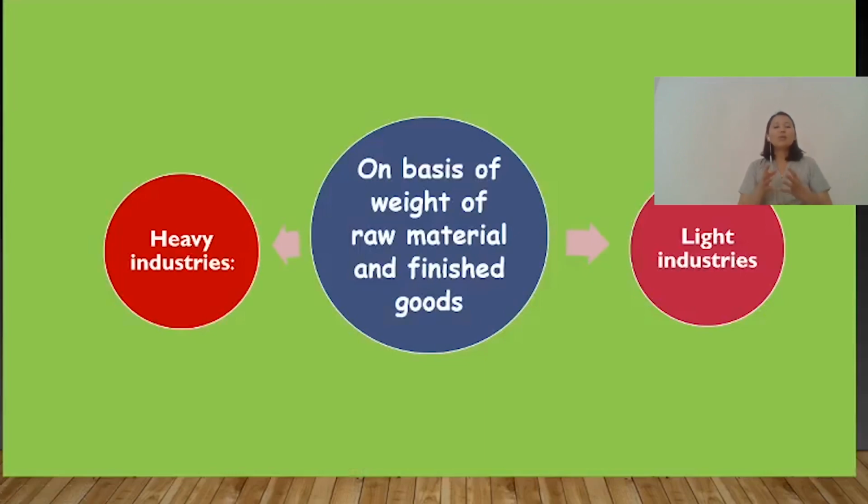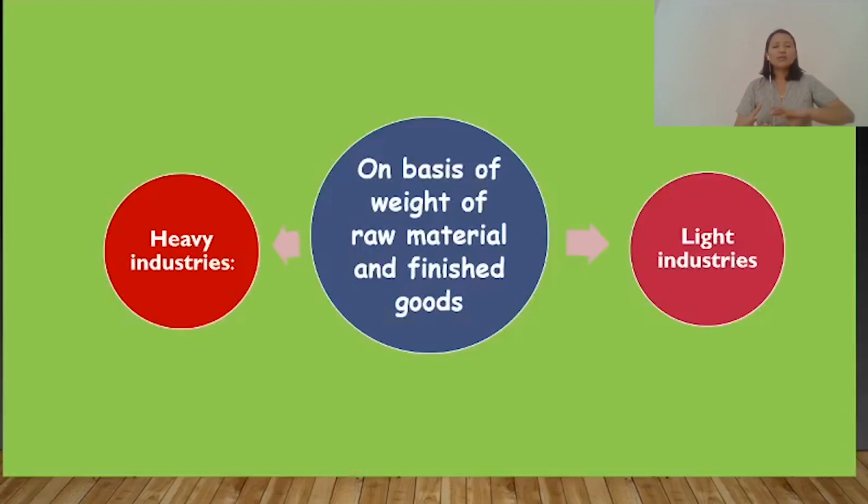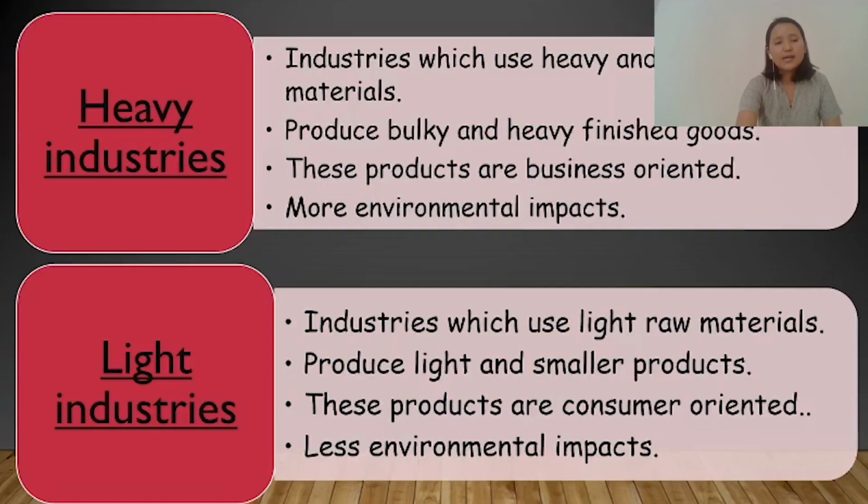On the basis of weight of raw material and finished goods, industry is further divided into heavy industry and light industries. So, heavy industries. Heavy industries are those industries in which they use very heavy and bulky raw material. Bulky means large raw material. They use very heavy and large raw material, and then at the end they produce bulky and heavy finished goods.